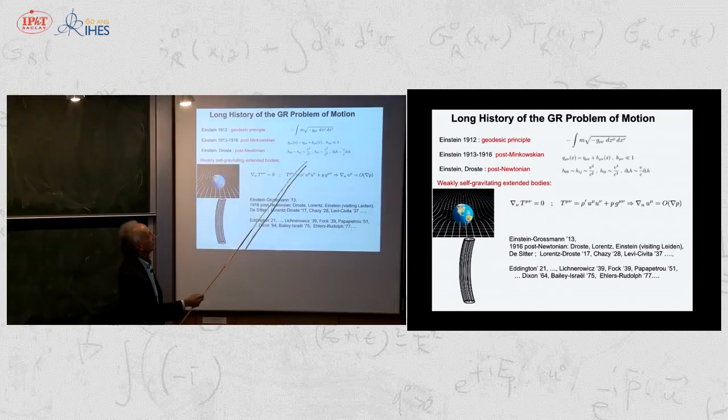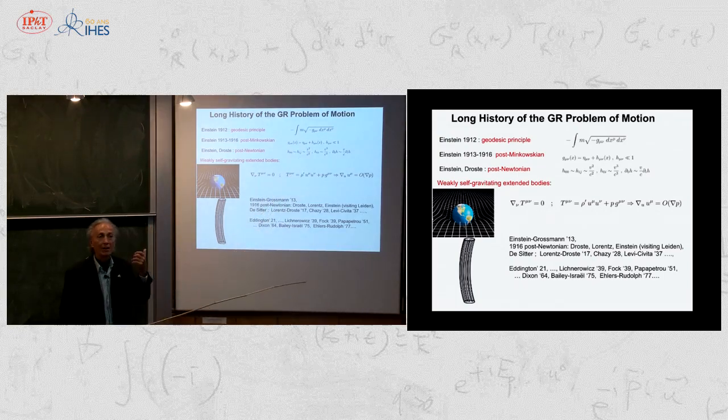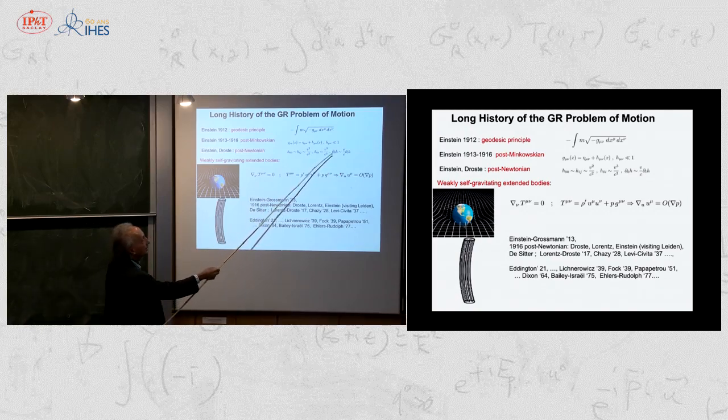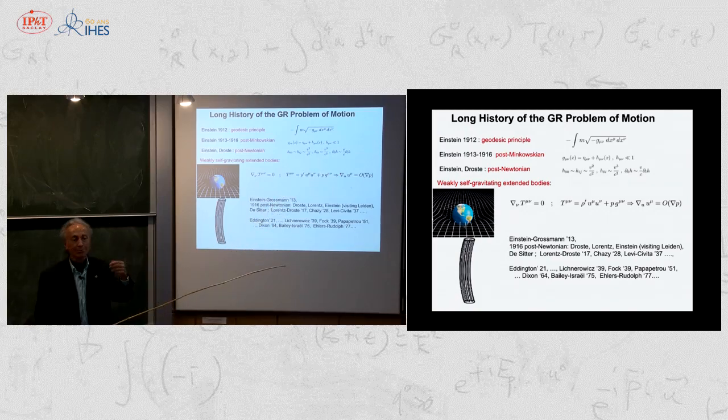There are terms in the Einstein equation that are proportional algebraically to v over c, so you have a small parameter in the source. Also, if two bodies move slowly, the propagation of gravity at the velocity of light will be very fast compared to the motion, so you can neglect in the near zone the time derivative, which is actually 1 over c d/dt, compared to the space derivative.